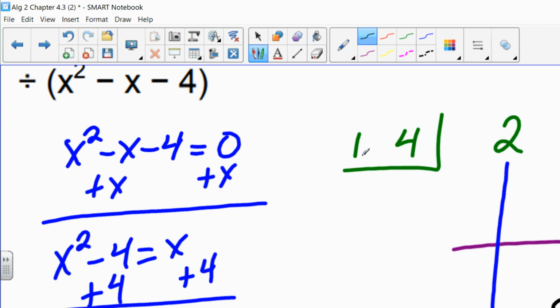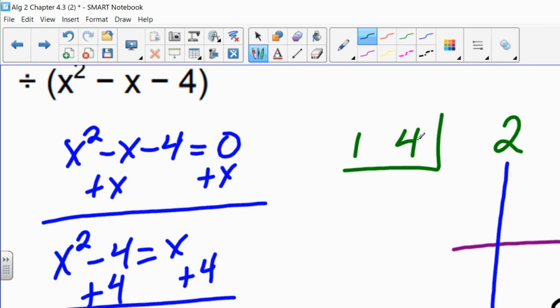Now we do it again. Yep, so 1 times 3 would give us 3, and we put it under the negative 7. We do 4 times 3, which is? And put it under the negative 2. We add straight down. Negative 7 plus 3 is? Negative 4. Negative 2 plus 12 is?